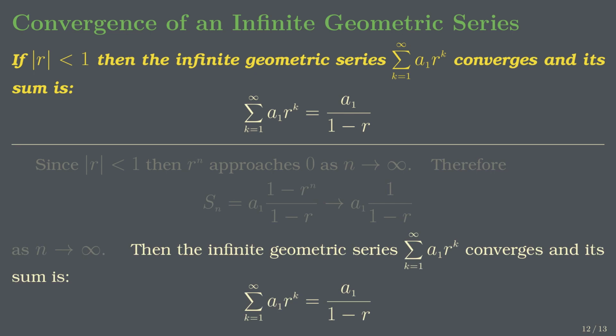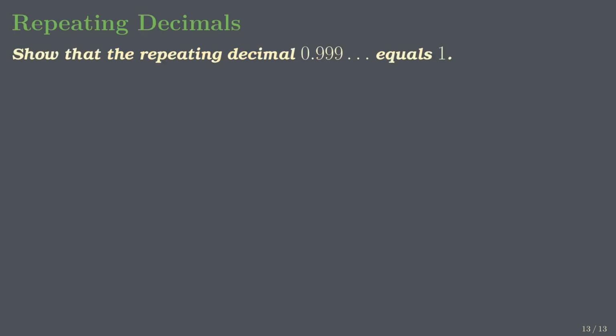So we can actually use this to prove the following interesting problem. Well, when we write a real number, we might sometimes be facing the problem that the number might have infinitely many digits on the right hand side of the dot. This is one reason why we care about infinite geometric sums.